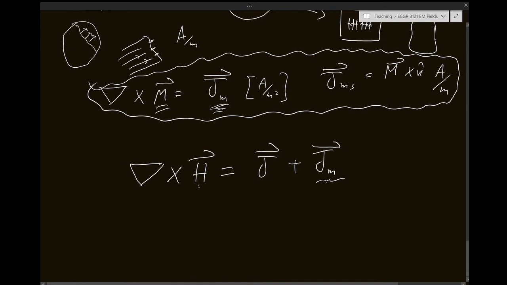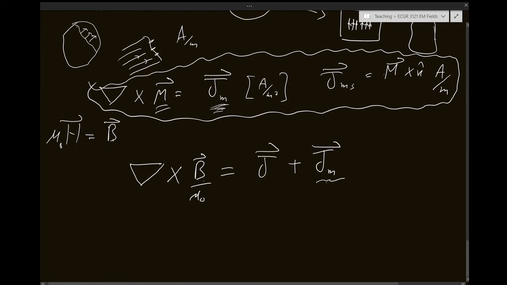I want to embed Jm into a new H. So instead of H, I'm going to put B over mu naught, right? That's valid for free space. The relationship between H and B fields is mu naught. This is the relationship in vacuum between the magnetic flux density and the magnetic field intensity.